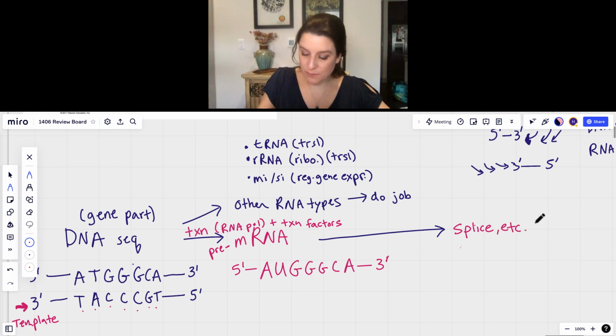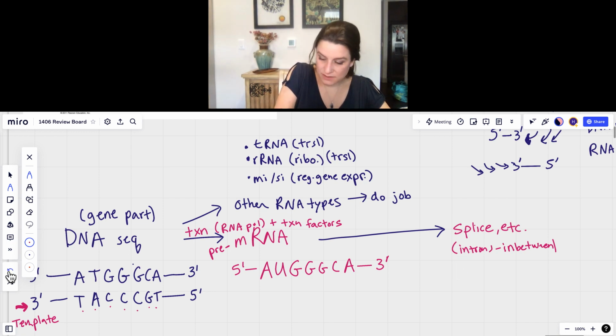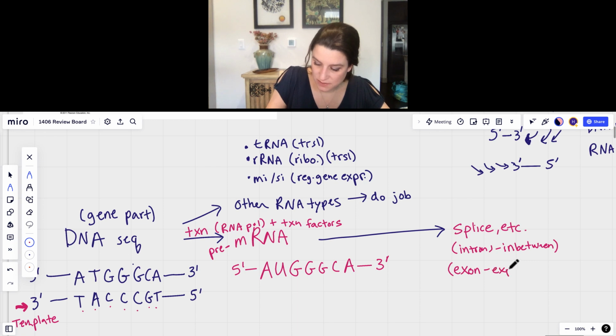In eukaryotes, then we're just going to splice. We're going to splice the introns out. The introns are the in-between parts, and the exons are the expressed parts. So exons stay in, introns get cut out.